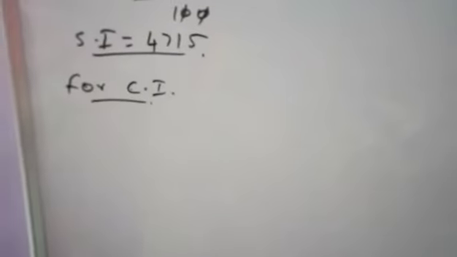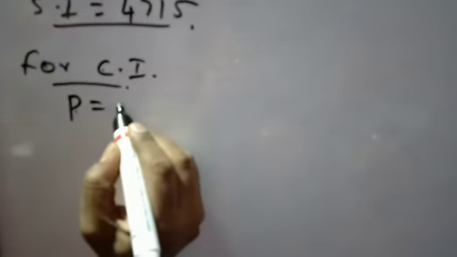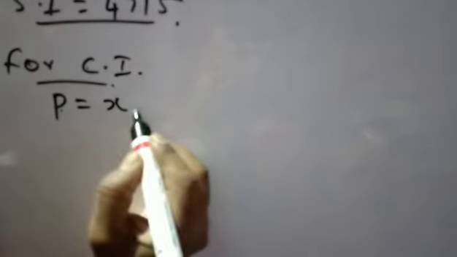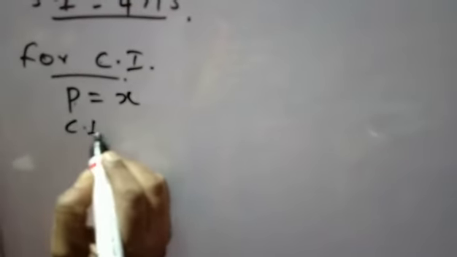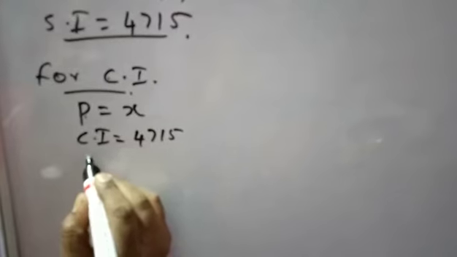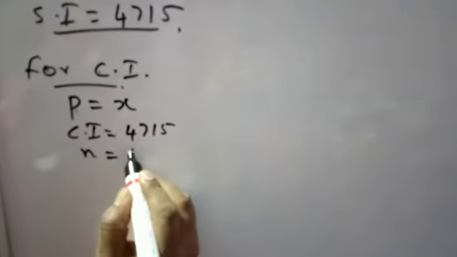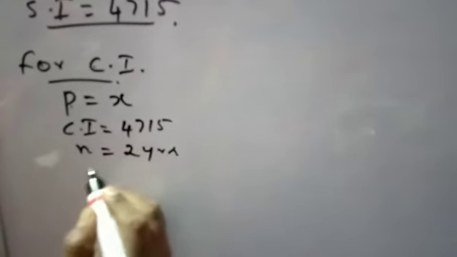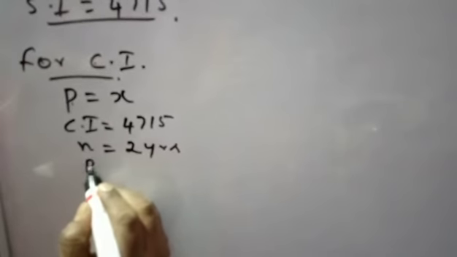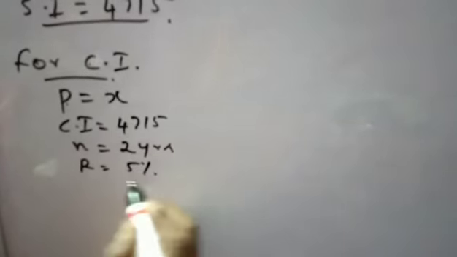Now we need to find the compound interest. So here we are taking principal as x, compound interest equal to 4715, n equal to 2 years, rate of interest equal to 5%.